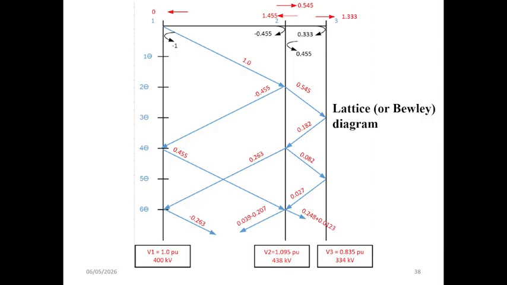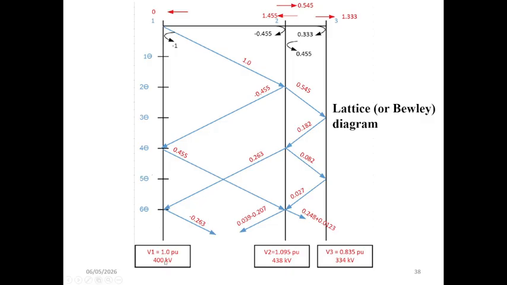The diagram clearly shows how multiple reflections interact over time, creating a complex pattern of wave superposition. By summing all incident wave components arriving at each bus, the final voltages are obtained.